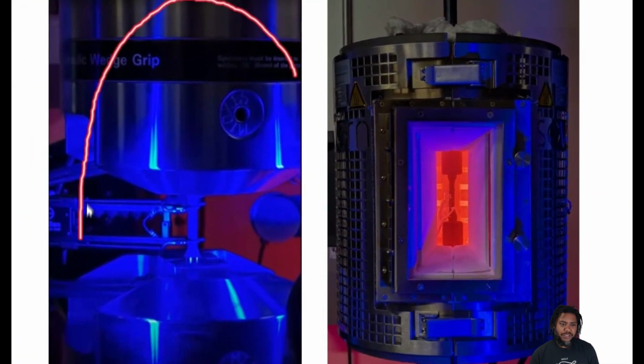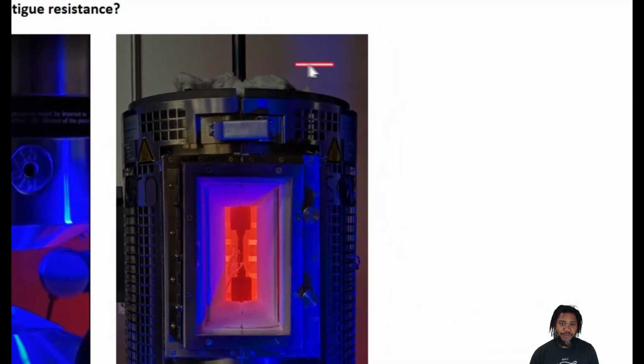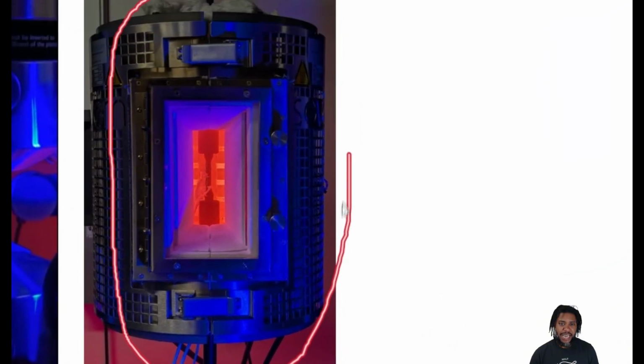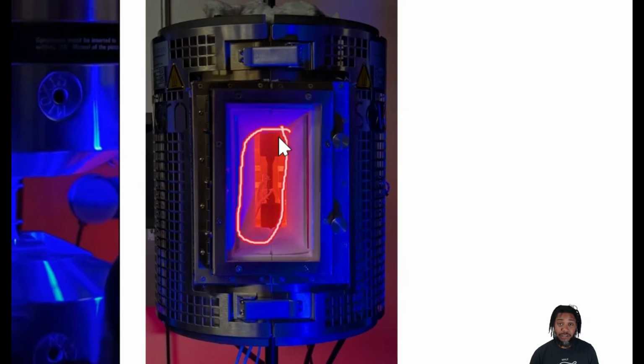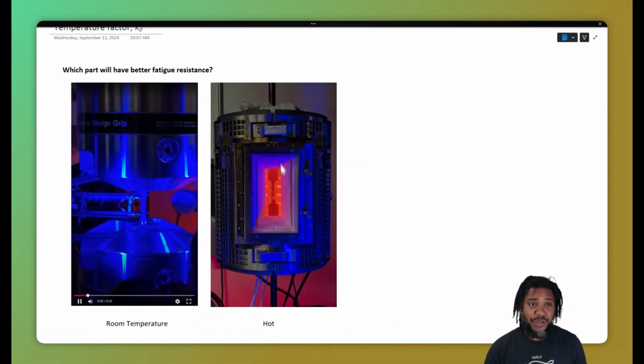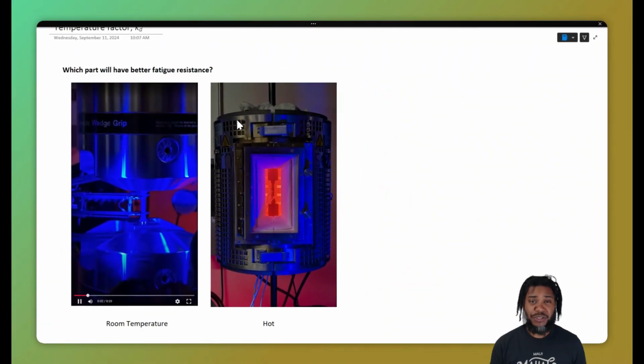We have a part subject to fatigue at room temperature, and we have a part subject to fatigue at high temperature, to the point where the sample is glowing inside of the furnace. Which part will have better fatigue resistance? A part that's at room temperature or a part that is hot?